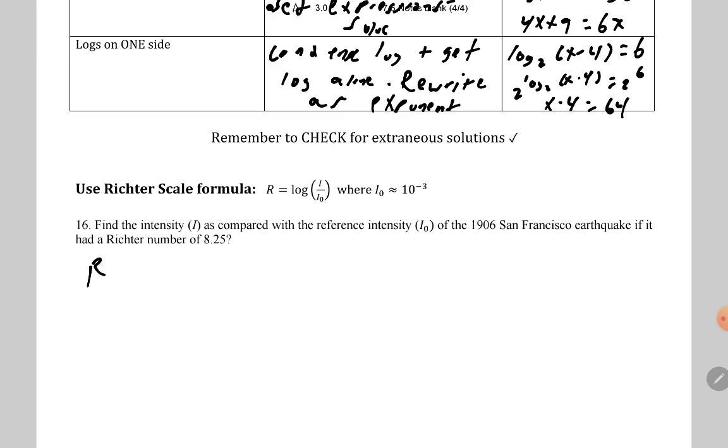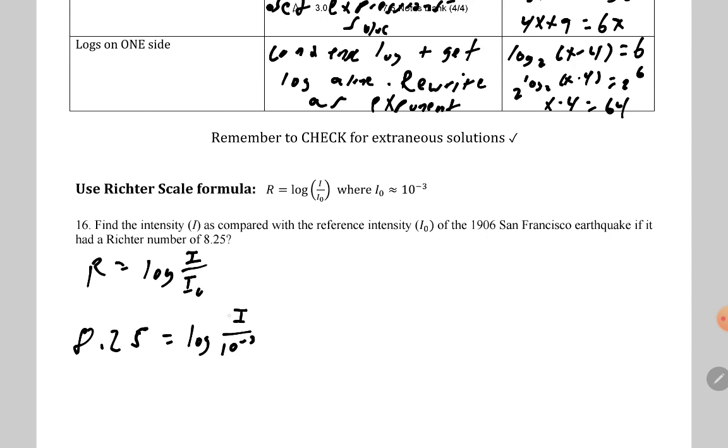So our Richter scale number equals log of I over I sub 0. So we have 8.25 equals log, trying to find how intense this is, where I sub 0 is 10 to the negative 3.